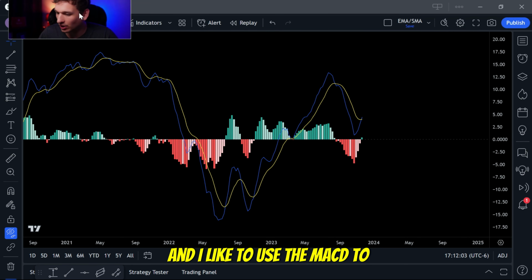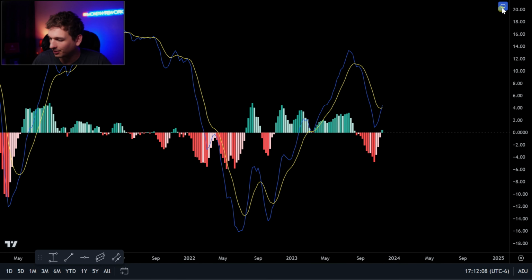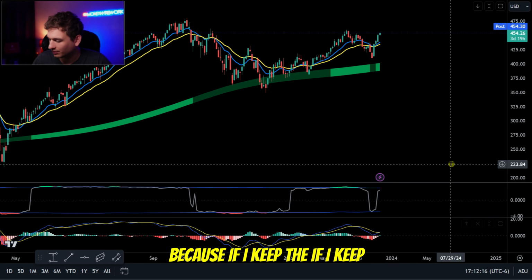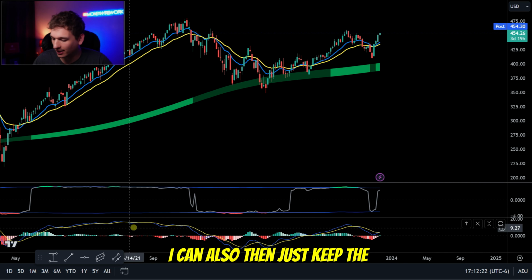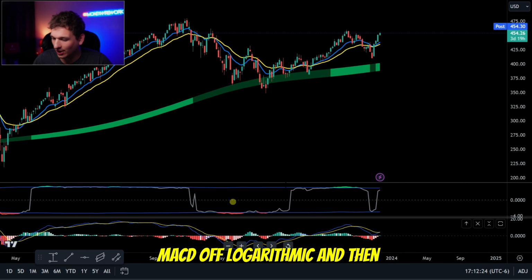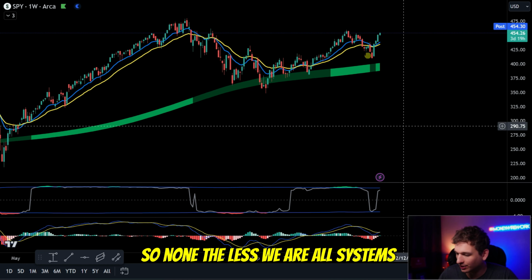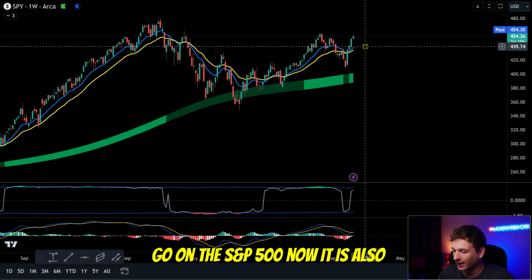And I like to use the MACD to see divergences, because if I keep the Trendillo on logarithmic, I can also then just keep the MACD off of logarithmic, and therefore I'm able to see both at once. So nonetheless, we are all systems go on the S&P 500.